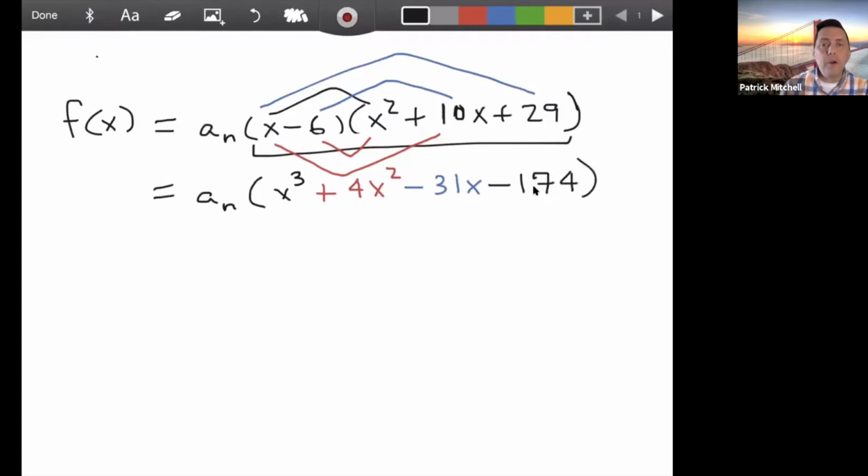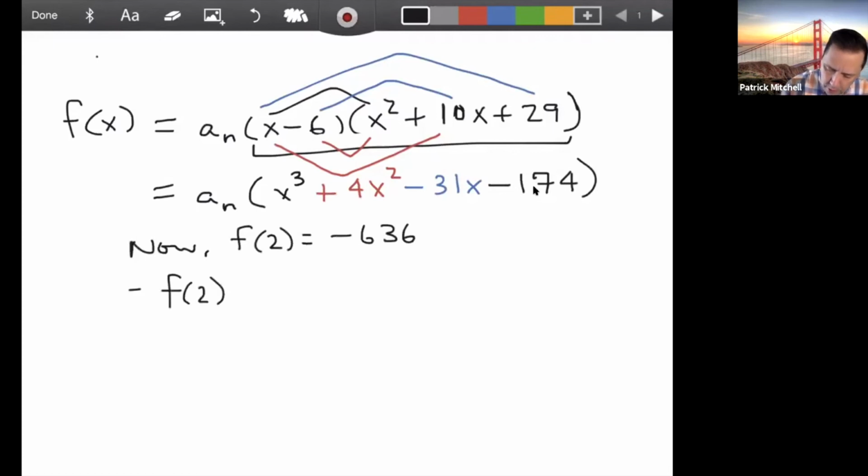So here's where I'm going to use the fact that f of 2 equals negative 636. Remember, that was stated in the original problem. I'm going to use that to find the leading coefficient. And the way that I'm going to do that is I'm going to say, on the one hand, f of 2 equals negative 636.